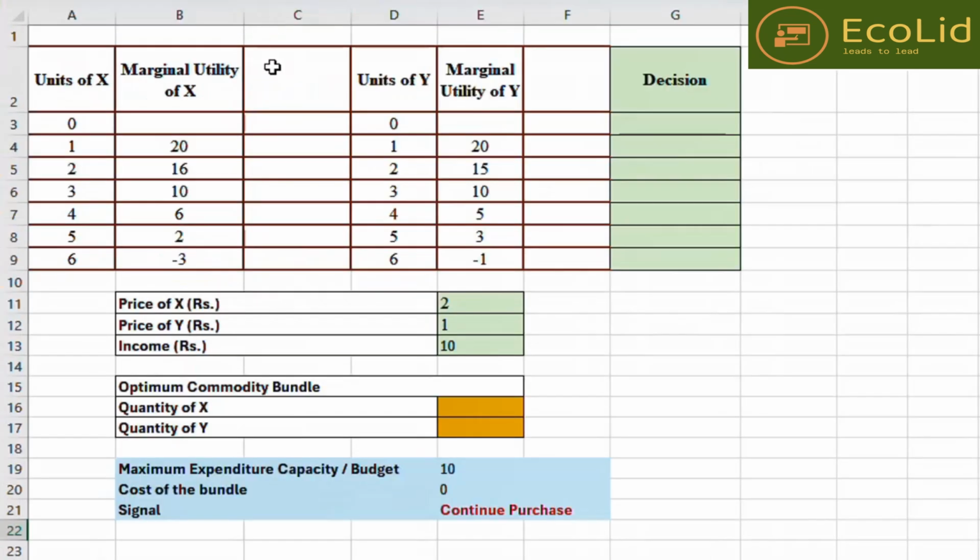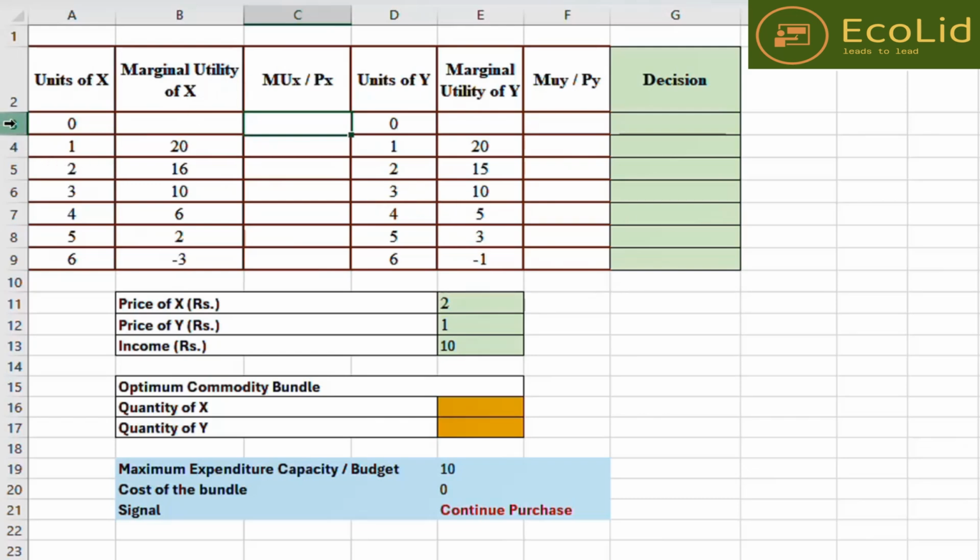Here we need to calculate the marginal utility of X divided by the price of X. Again, we have inserted the column F, and here we need to calculate the marginal utility of Y divided by the price of Y. Easily we can calculate it by dividing the marginal utility values that we have here.